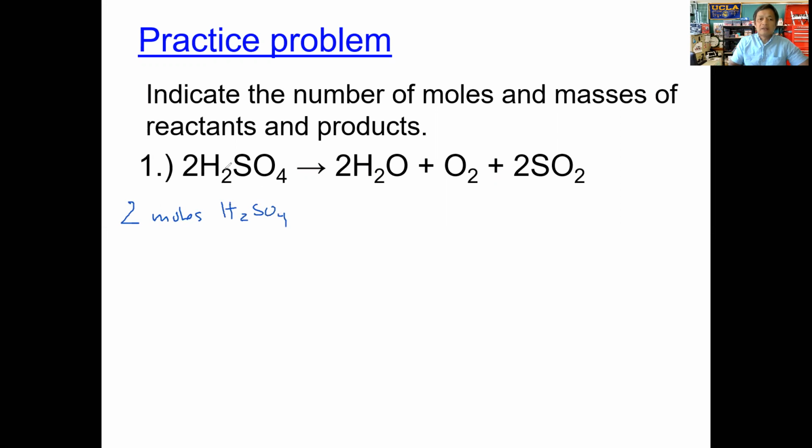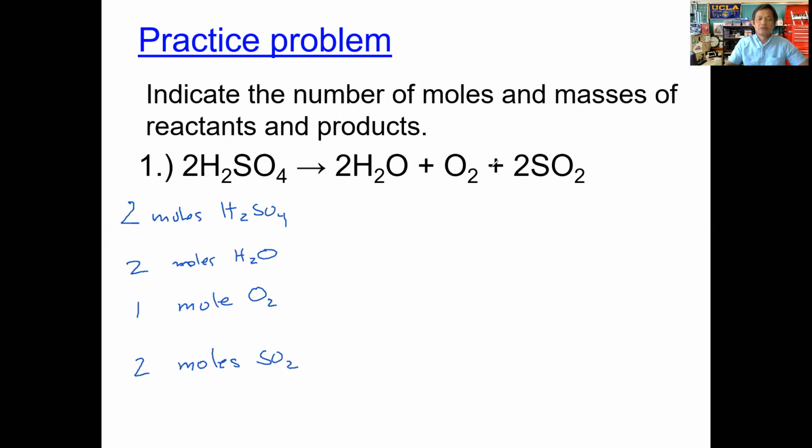When 2 moles of H2SO4 decompose, we will form 2 moles of water, 1 mole of oxygen, and this is diatomic oxygen, O2, and 2 moles of sulfur dioxide. The numbers come from the coefficients in the balanced equation. So 2, 2, 1, 2.